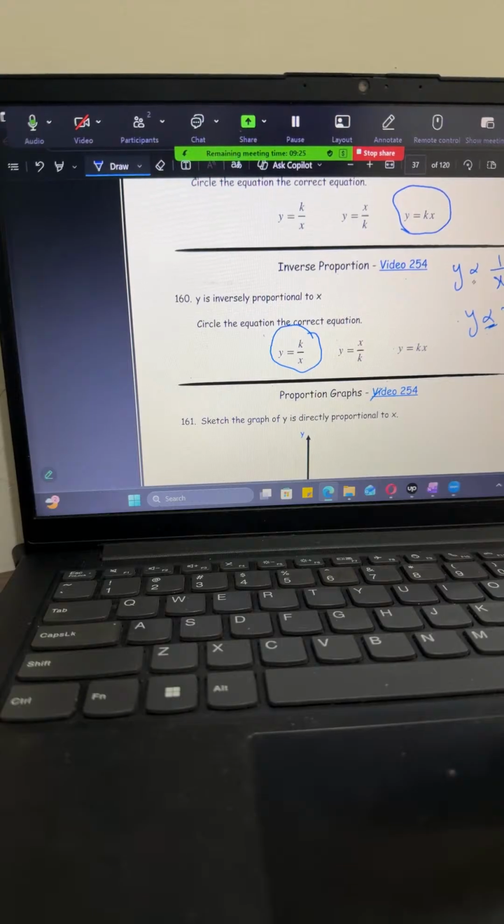This is the sign of proportional. This one is a bit complicated. It depends on the value of k, so it can be directly at some time and sometimes inversely. This one is the confusion.